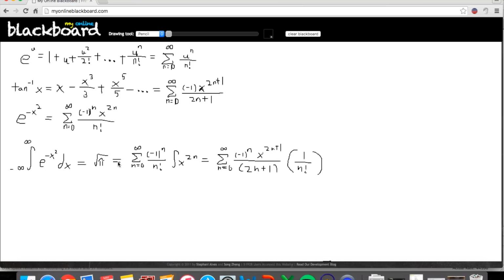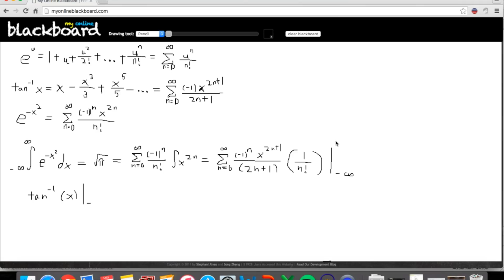And another thing to take note of is inverse tangent evaluated from negative infinity to infinity. So I'm just going to put x here for the variable. Also, since this is an integral, I should also put my bounds here too.